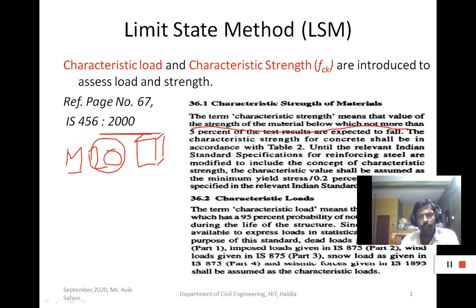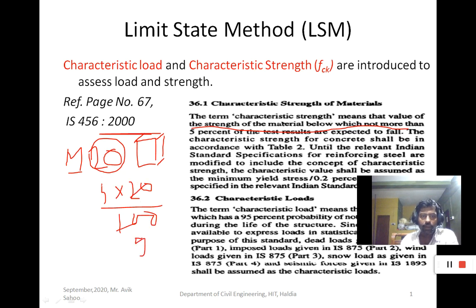And here 5% of results are expected to fall, so 5% of 20 means how much? 5 into 20 by 100, so it means 1.